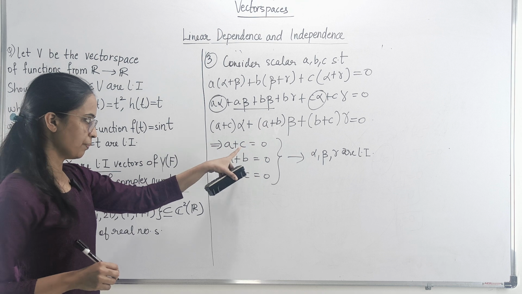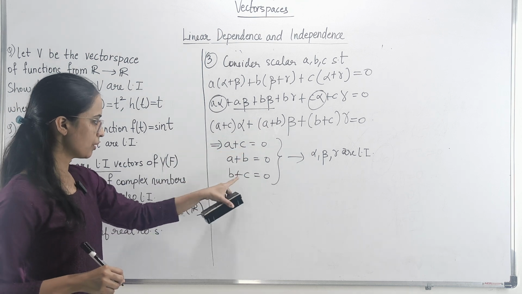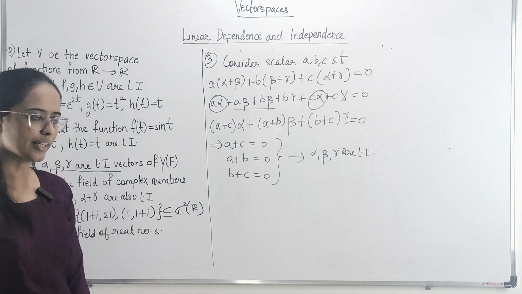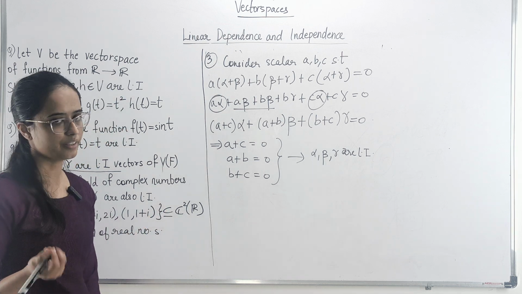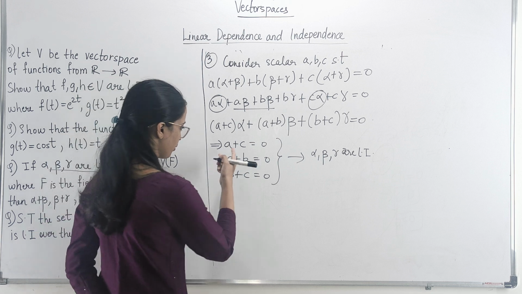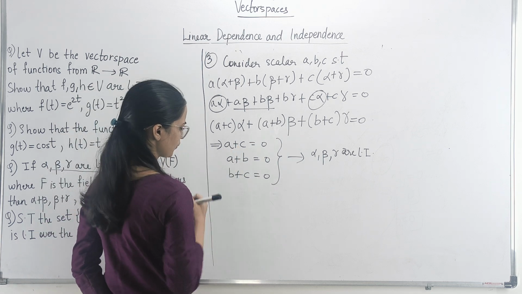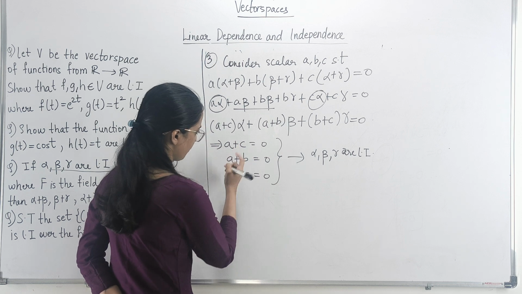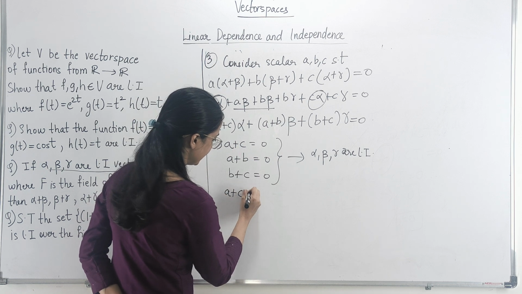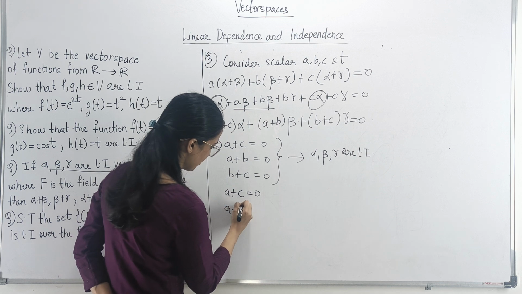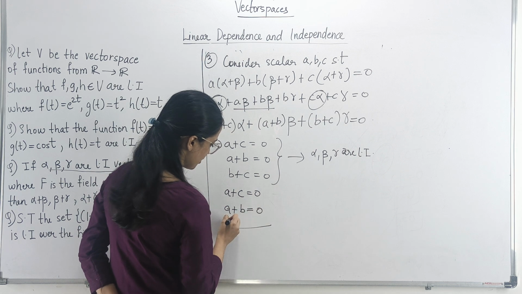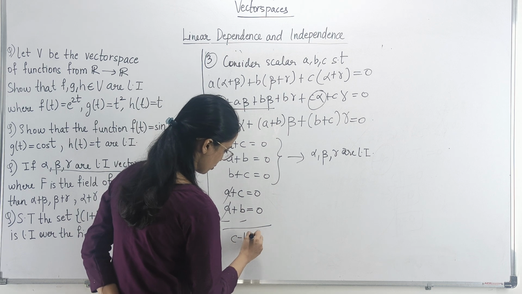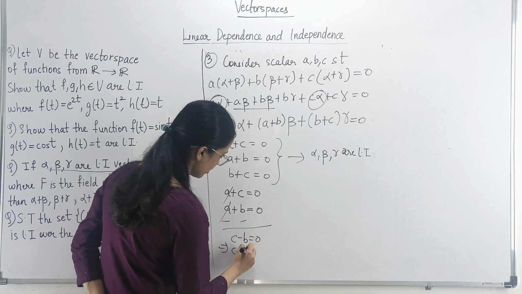ठीक है, अभी a plus c is 0, a plus b is 0, b plus c is 0, हम इसको यूज करेंगे and we would get the values for a, b and c. Let's see if they turned out to be equal to 0 or not. तो सबसे पहले तो हम लोग इसका देखते हैं कि क्या होता है। So here if you see a plus c equals to 0 and a plus b equals to 0, इसको I'll subtract तो ये चला जाएगा and I get c minus b equals to 0, which implies कि your c is equals to b.